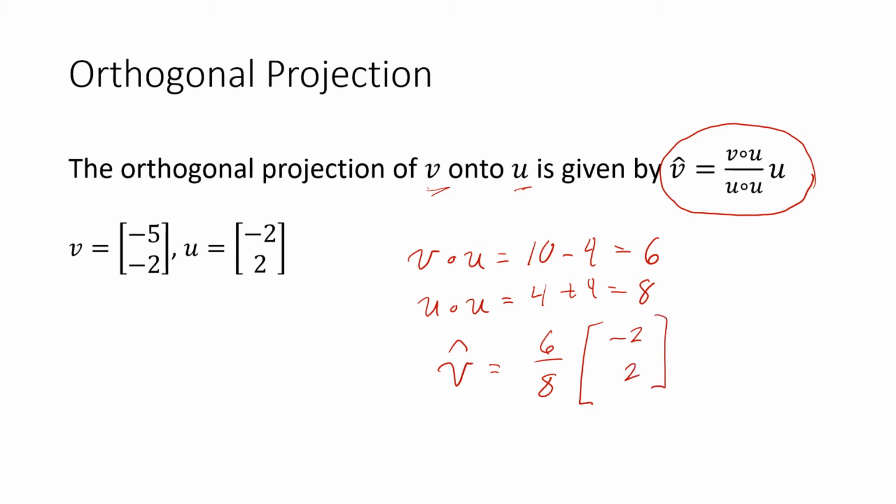So it's 3/4 of that, which is equal to negative 1.5 and 1.5. That is v hat. That is the projection of our vector on top of our basis vector, or the line created by our basis vector.